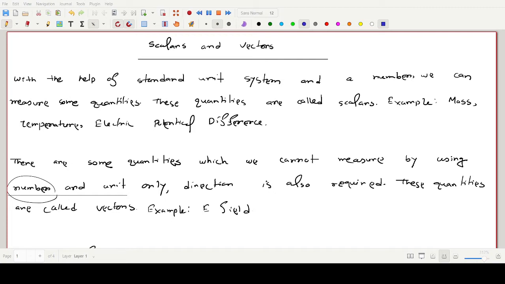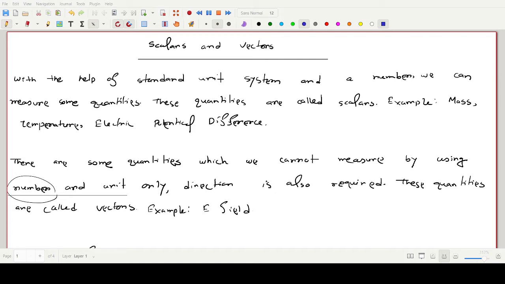If you say that a force of 20 Newton is being applied on a particle, then we understand that a force whose magnitude is 20 Newton is being applied on the particle, but in which direction?